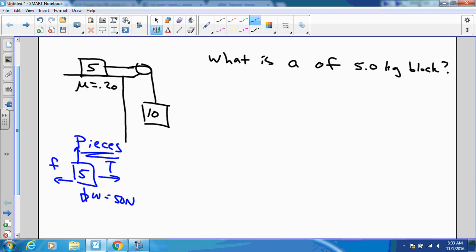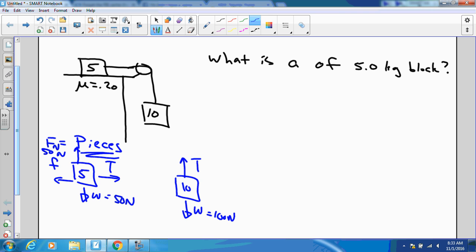We would have a weight of 50 newtons down, and a normal force that is pretty clearly 50 newtons that way as well. And for the 10 kilogram block, we have a weight of 100 newtons down, and a tension pulling up. In our particular example, the pulley is massless and frictionless.